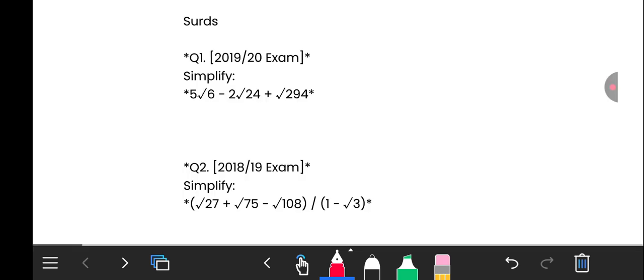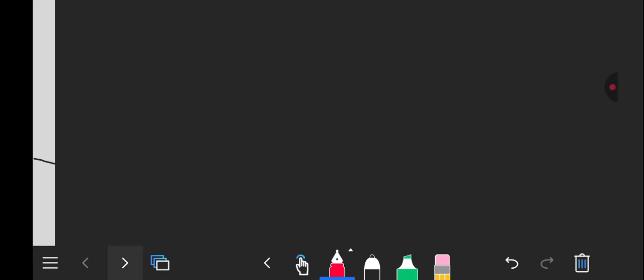Let's now solve these questions. The first question we have is simplify 5 square root of 6 minus 2 square root of 24 plus that. The other thing you must know here is this.